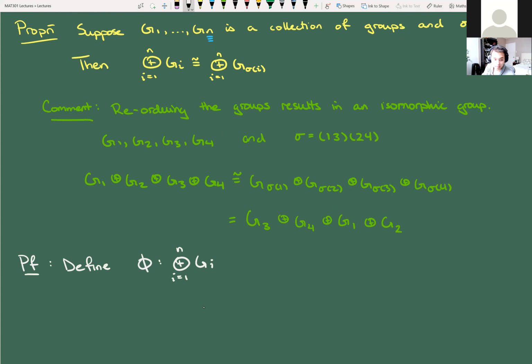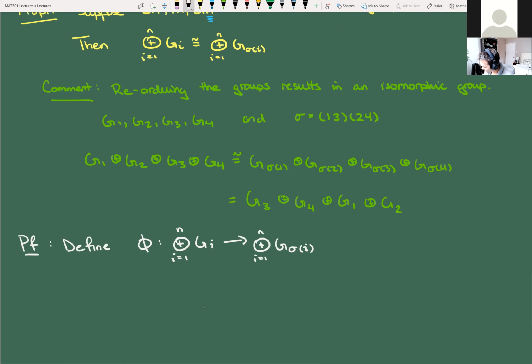We want to show that these things are isomorphic, so we actually have to define an isomorphism. And the way that this is going to work is that you're going to give me an n tuple, and I'm just going to scramble that n tuple in exactly the same way that sigma does.